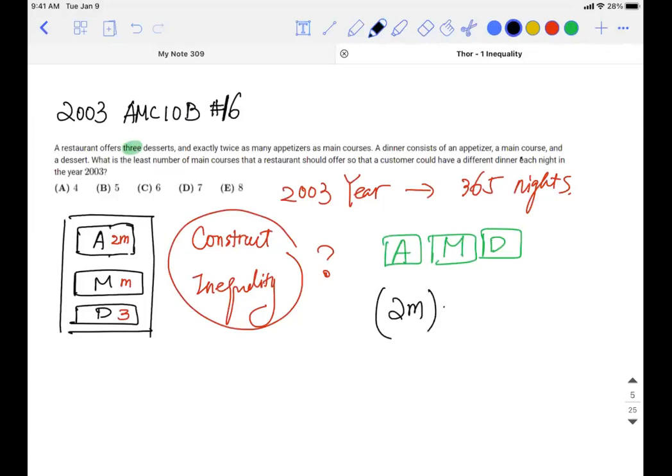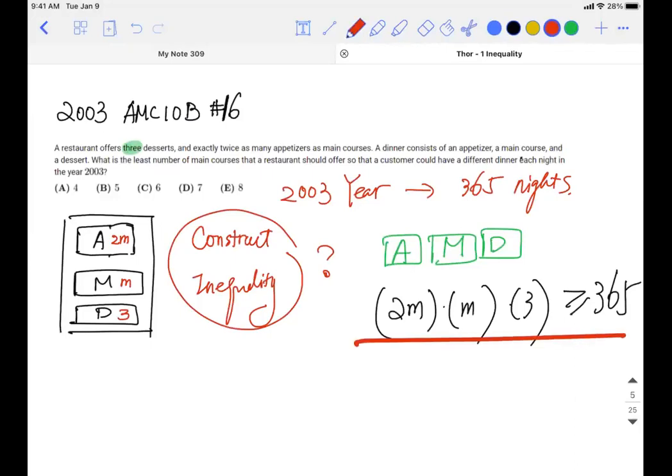How many options for main courses? M. How many options for desserts? 3, right? If you multiply the 3 terms together, you get the total combinations of dessert, appetizer, and main course as a meal. You want to make sure there is no duplicate for the entire year 2003. So that means this product should be at least 365, right?